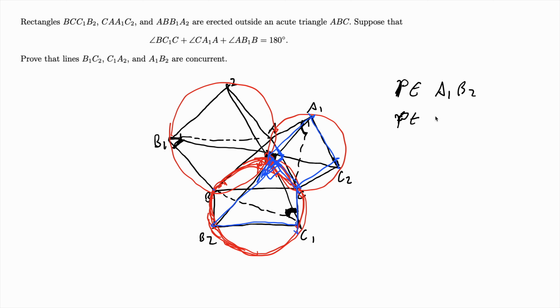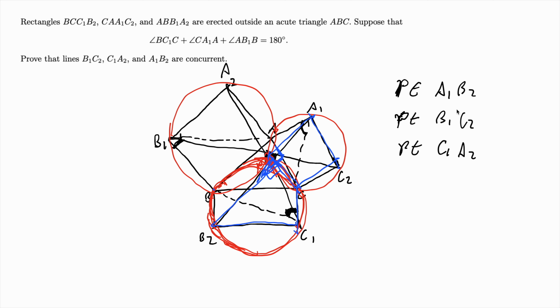So it is on this line, B sub 1, C sub 2, and P is also on this one. Which line is this? A, B, B sub 1, A sub 2, so C sub 1 and A sub 2.